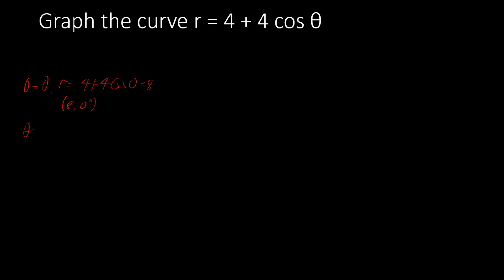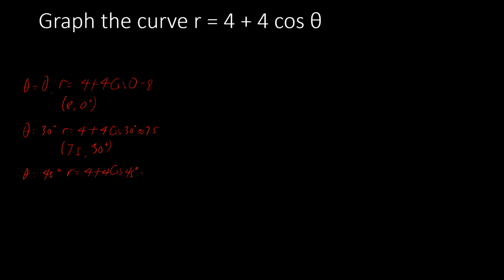Then theta equal to 30 degrees. R is equal to 4 plus 4 cosine of 30 degrees. Cosine of 30 degrees is 0.866 times 4 plus 4, roughly that will give us 7.5. So we have 7.5, 30 degrees. So for theta equal to 45 degrees, R is equal to 4 plus 4 cosine of 45 degrees.